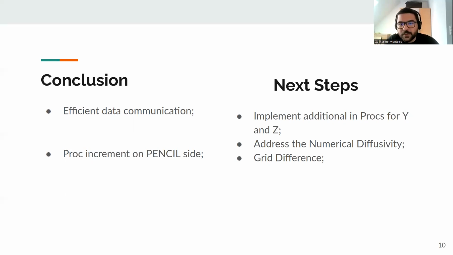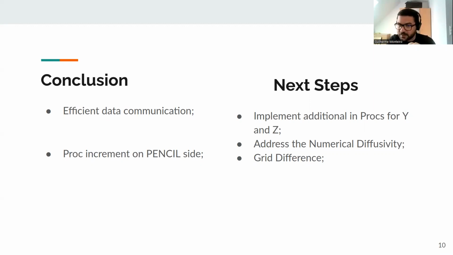And the two main difficulties that we are having and will have: the first one is to address the numerical diffusivity problem, which also influences the time efficiency of the coupling.